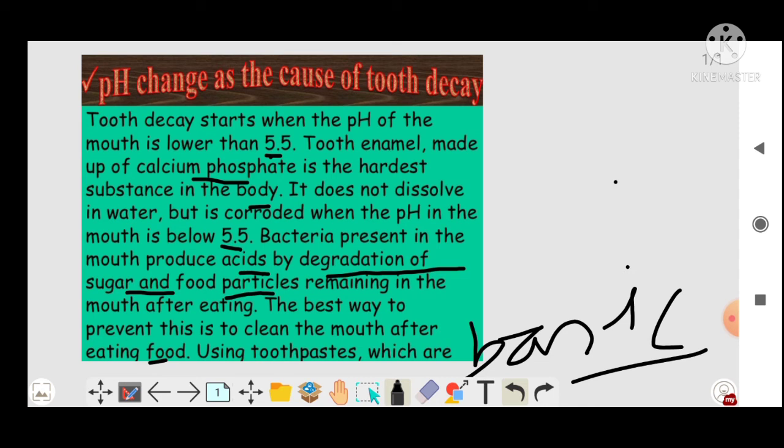Then tooth decay does not occur, and the pH of the mouth will not be below 5.5. Tooth decay does not occur if we use basic toothpaste and clean the mouth after eating food.